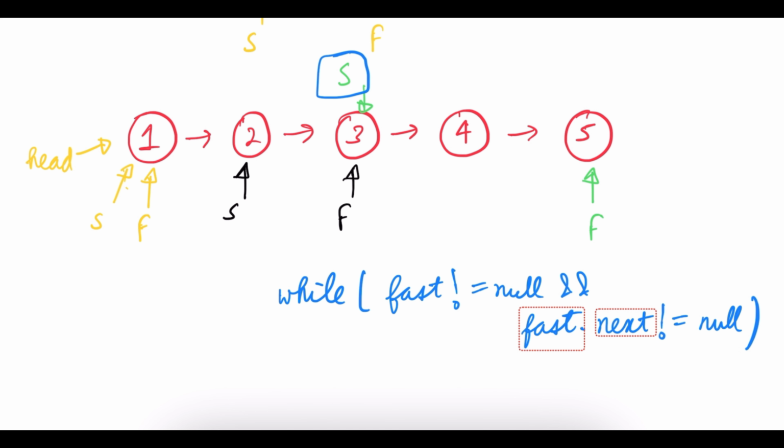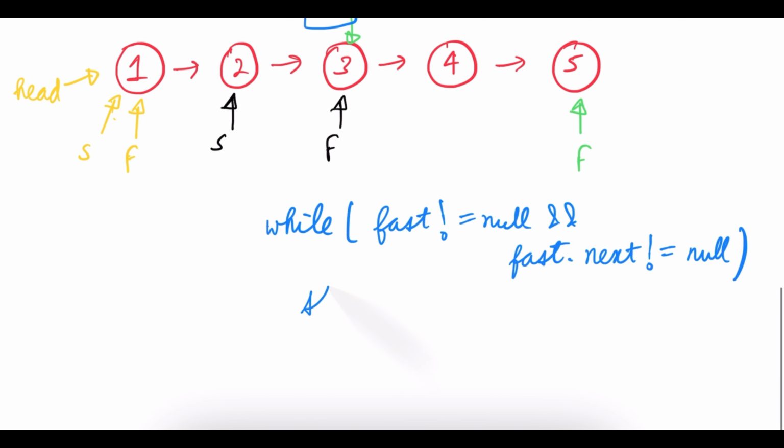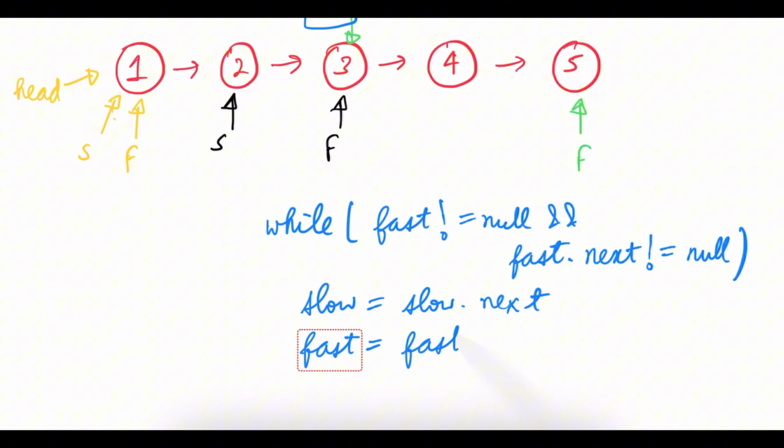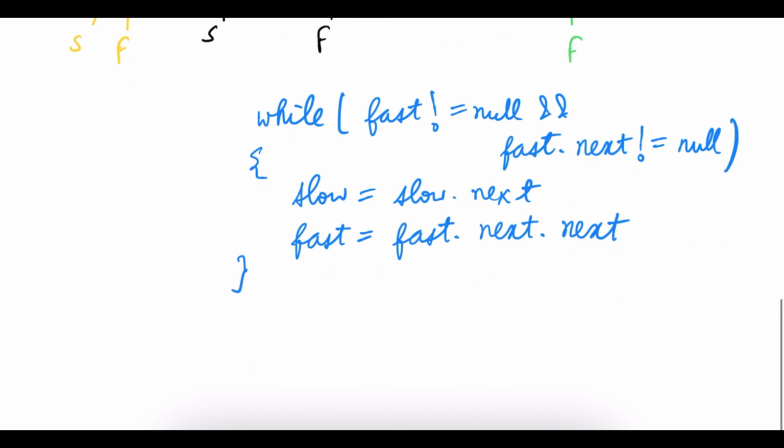Only then do we have to increment these pointers, slow by one step and fast by two steps. And once we are done with this while loop, we can simply return our slow pointer, and this slow pointer will be pointing to our middle node.